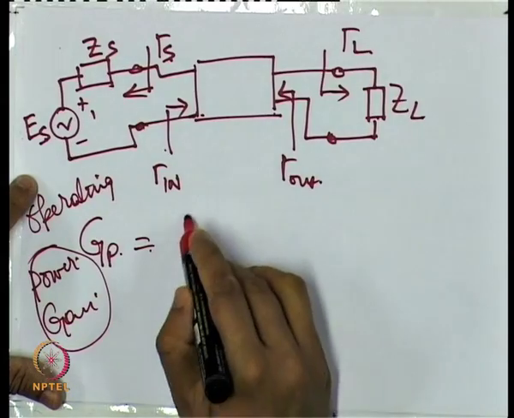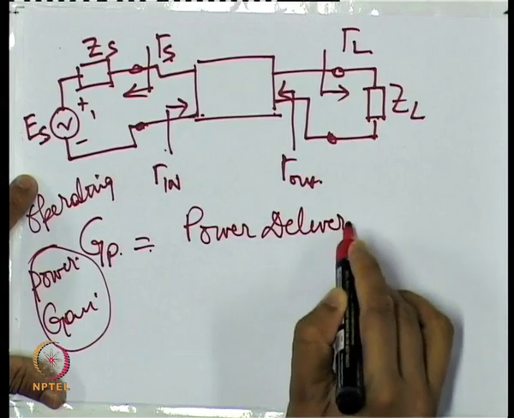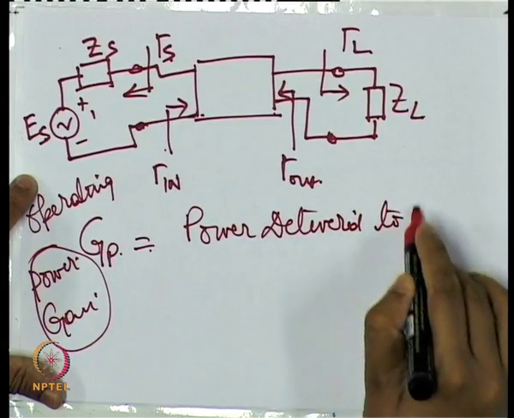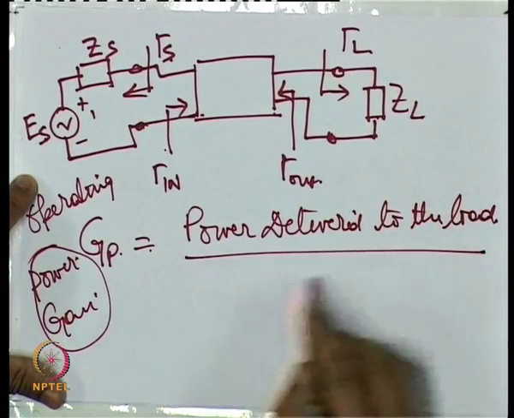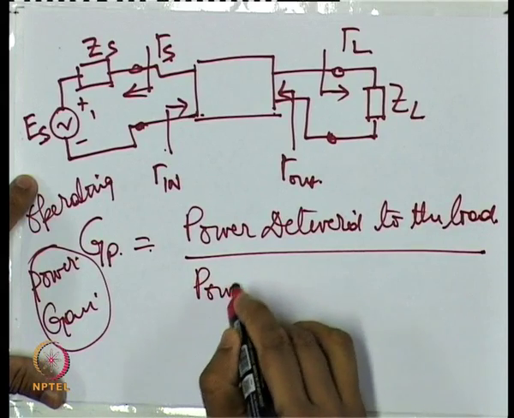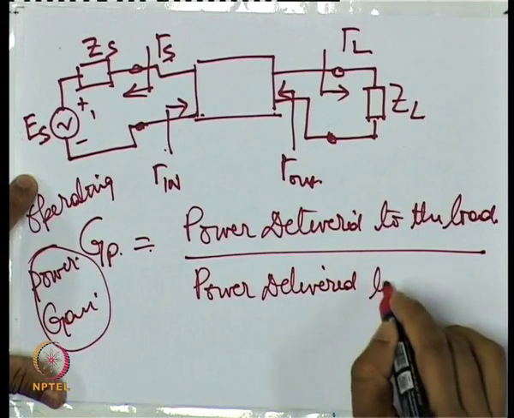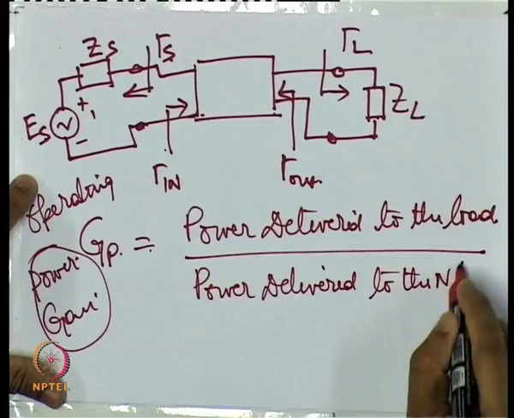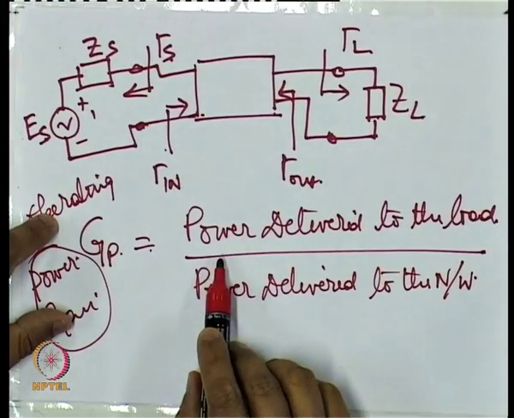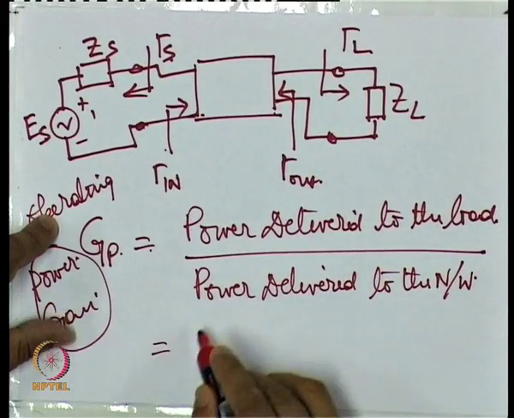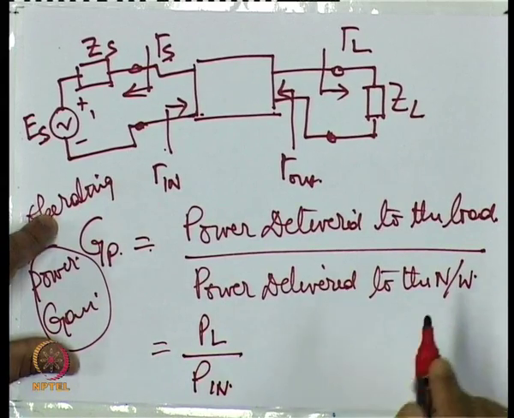So GP is equal to power delivered to the load upon power delivered to the network. So what it means is that this numerator here, I can write it like this also. This is PL upon Pin.